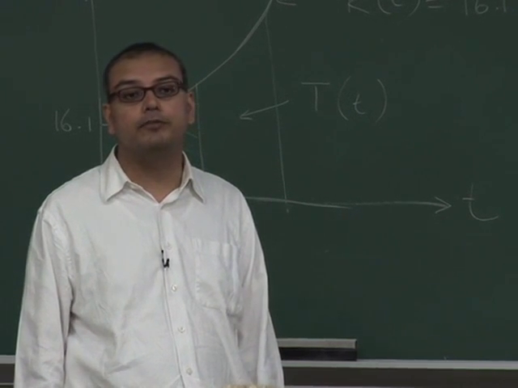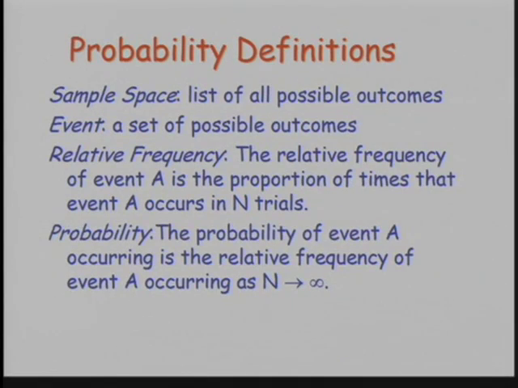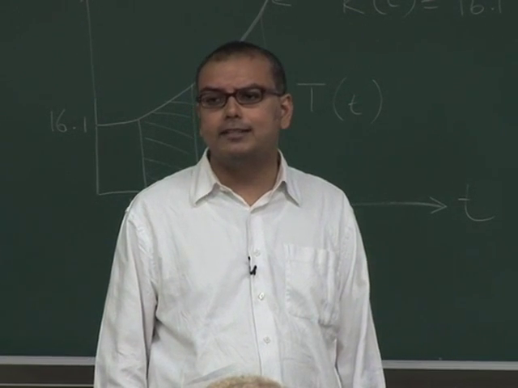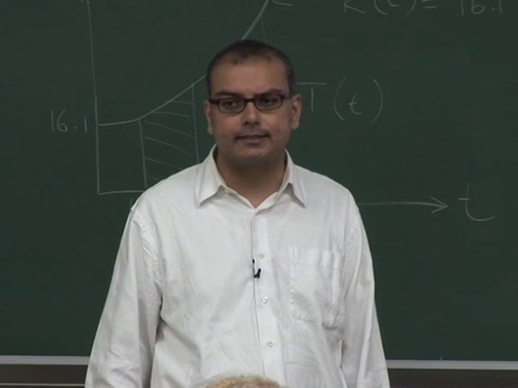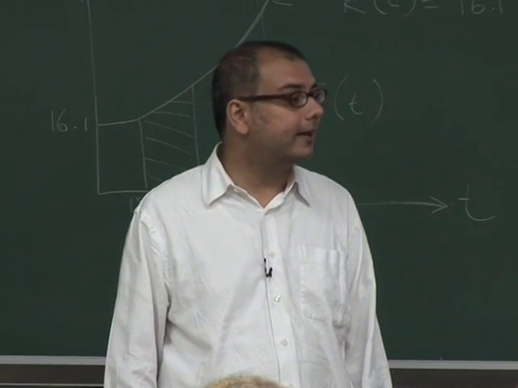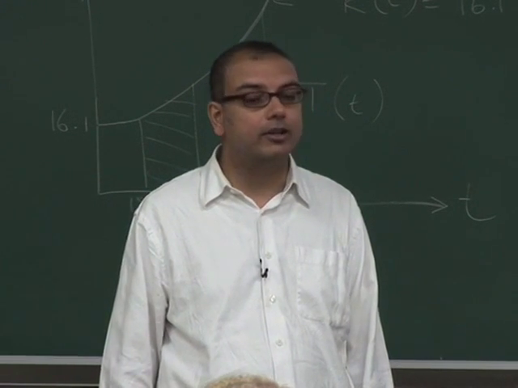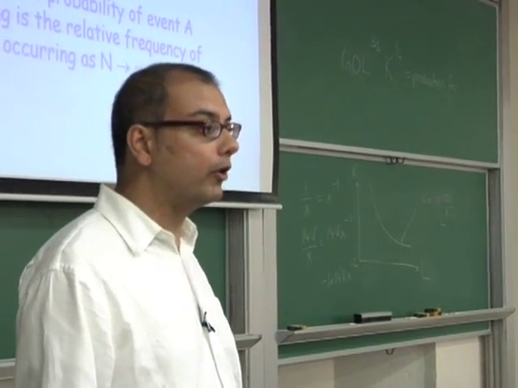So, for example, if you think of the uncertainty as throwing a die, a single die, then the list of all possible outcomes would be 1, 2, 3, 4, 5, and 6. An event would be a list of possible outcomes within that list of all possible outcomes.